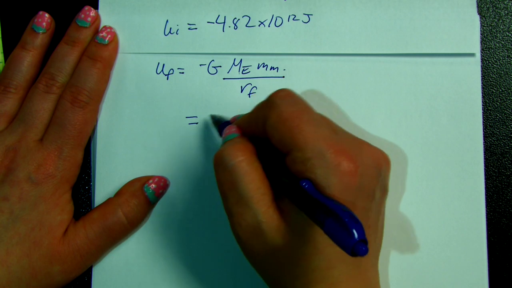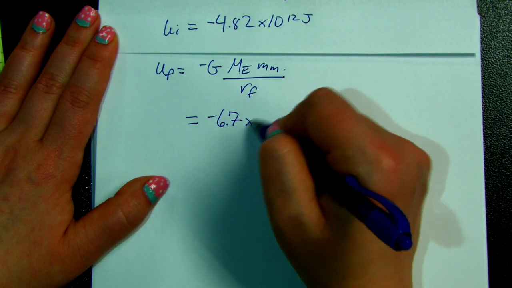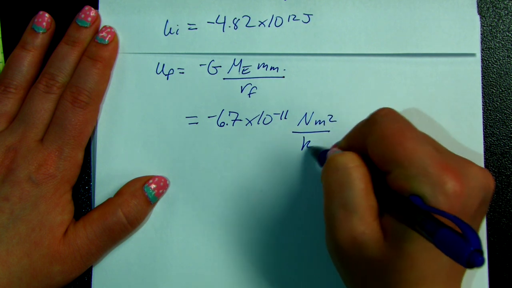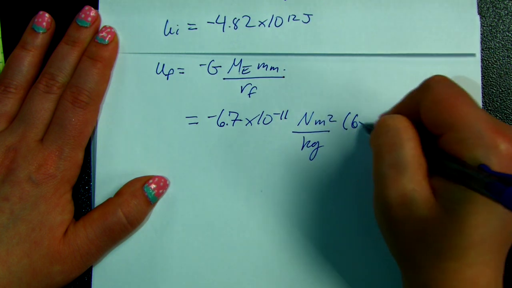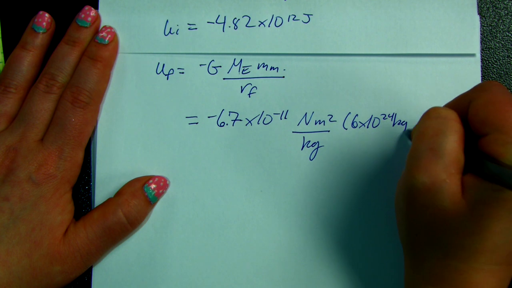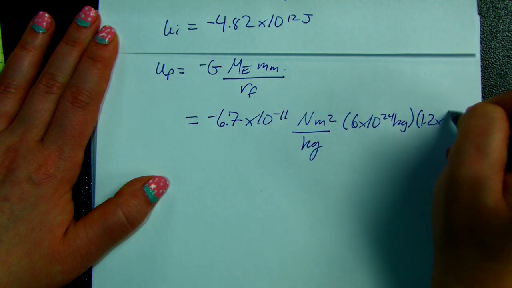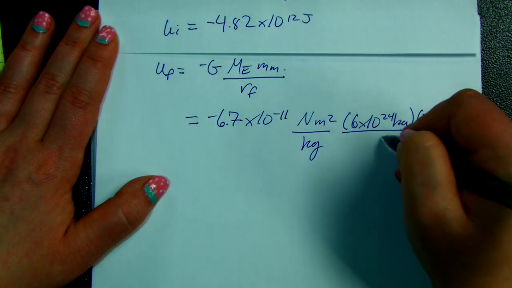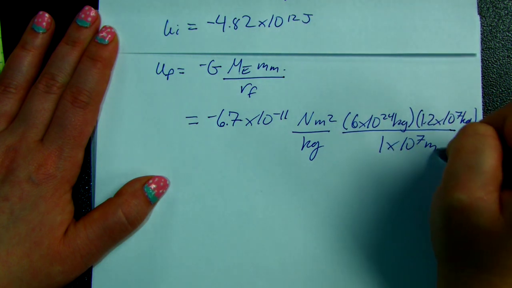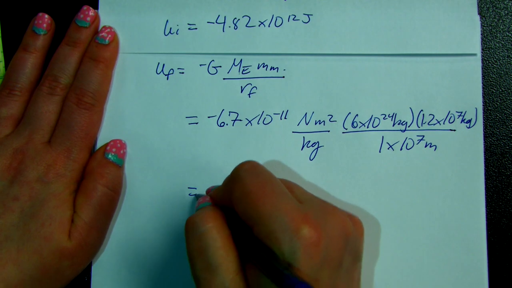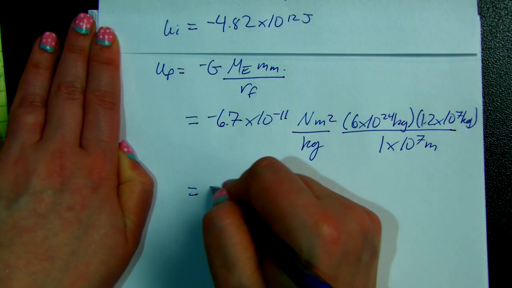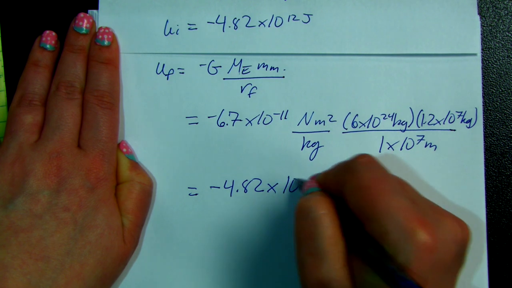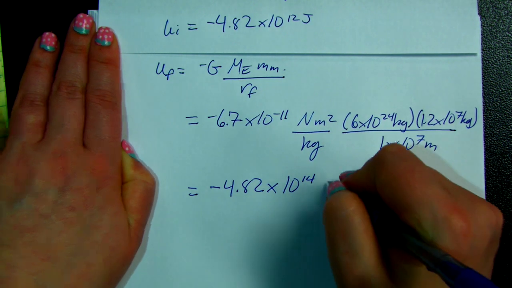So this is equal to minus 6.7 times 10 to the minus 11 Newton meters squared over kilograms, times 6 times 10 to the 24 kilograms, mass of the Earth, 1.2 times 10 to the 7 kilograms, mass of the meteor, divided by 1 times 10 to the 7 meters. This is equal to minus 4.82 times 10 to the 14 joules.